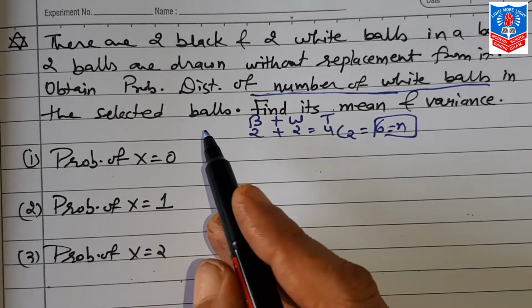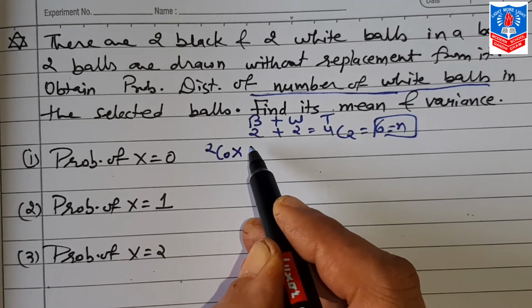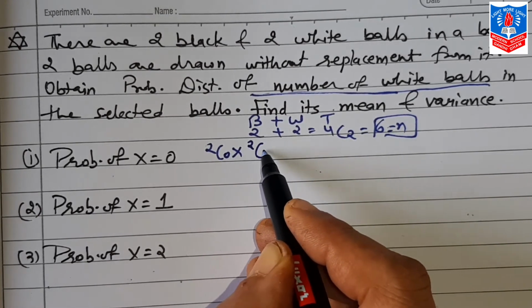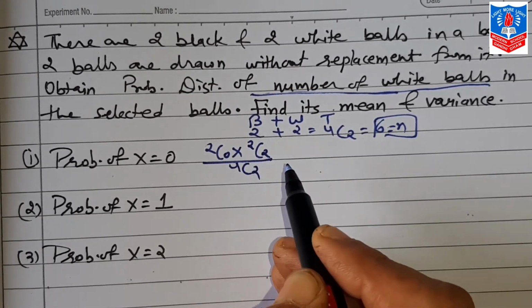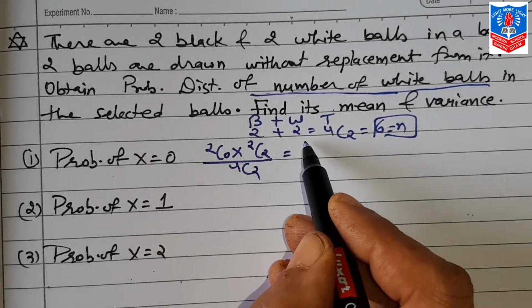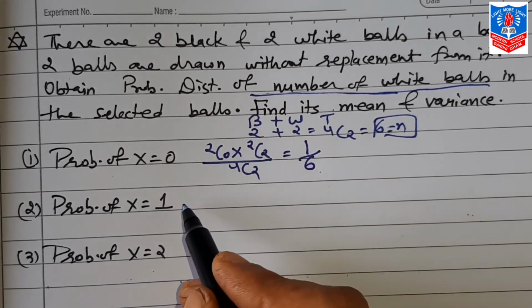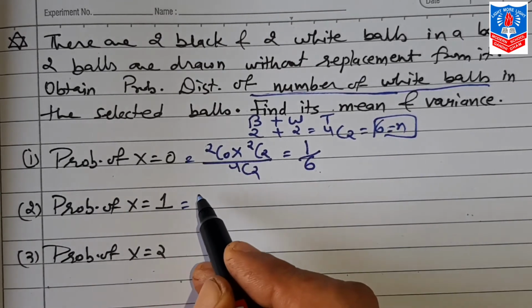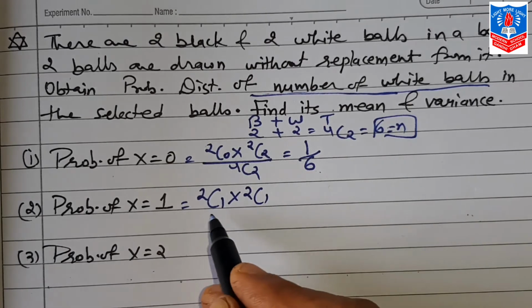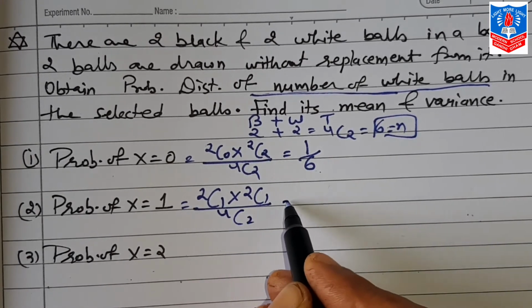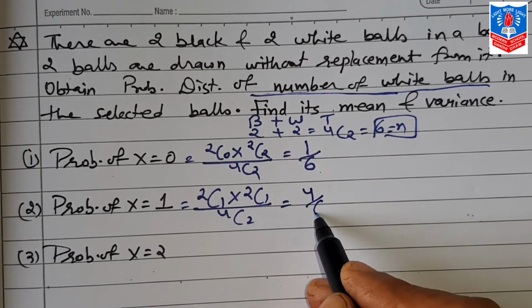So in that case, probability of x equal to 0 will be 2C0 into 2C2 upon 4C2, which will be 1 by 6. Same way, with one white ball, 2C1 into 2C1 upon 4C2, that will be 4 by 6.